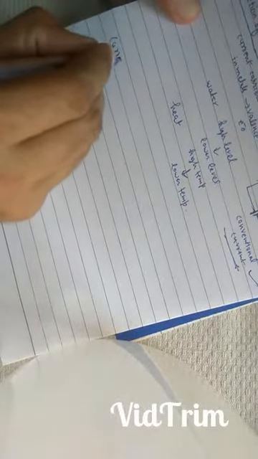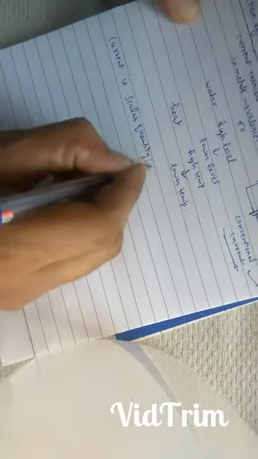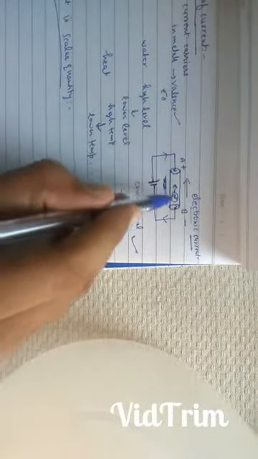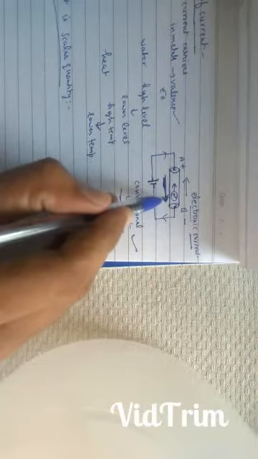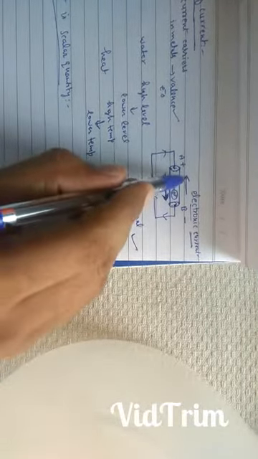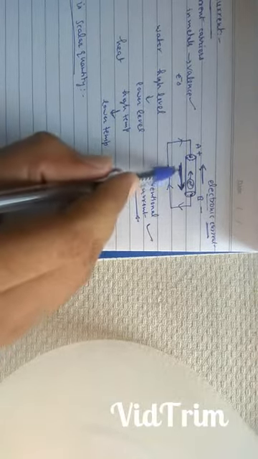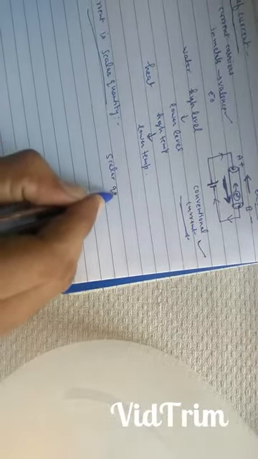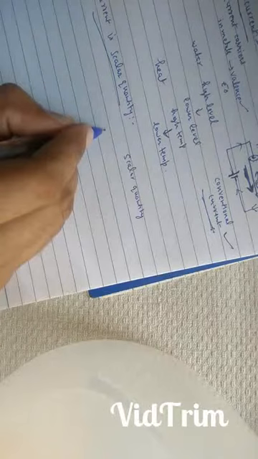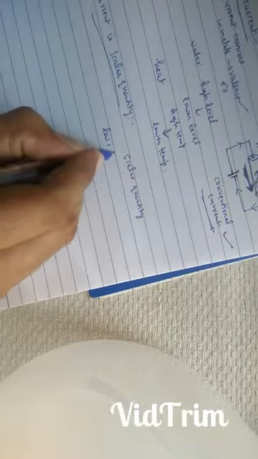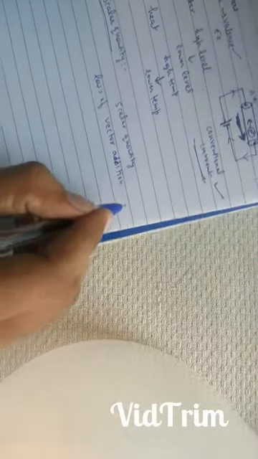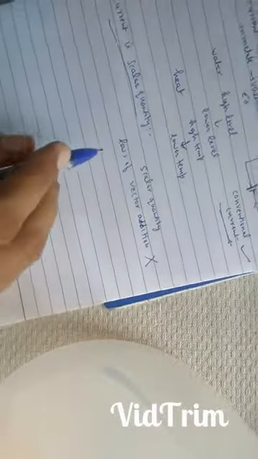Now current is a scalar quantity. Though we know that electric current represents the direction of motion of positive charge, which is in a direction opposite to the direction of motion of negative charge, we take current as a scalar quantity because electric current does not follow the laws of vector addition.